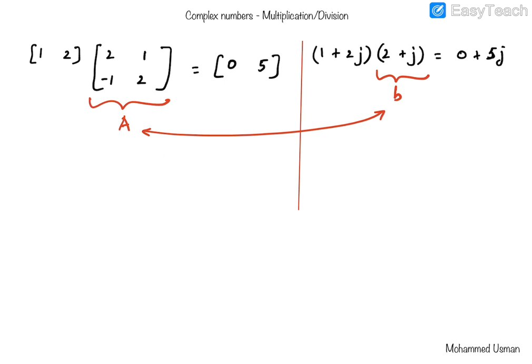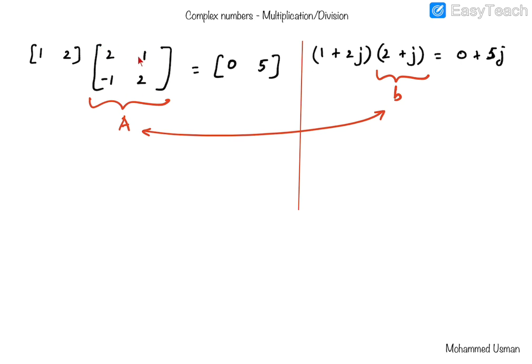They are scaling the vector 1 comma 2 or the complex number 1 plus 2j and rotating it in a certain direction, and the amount of scaling and the amount and direction of rotation in both the cases is the same.